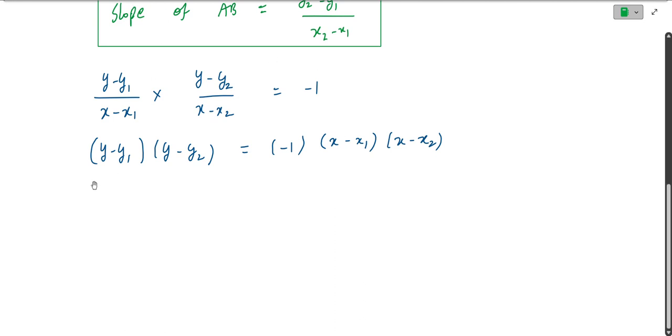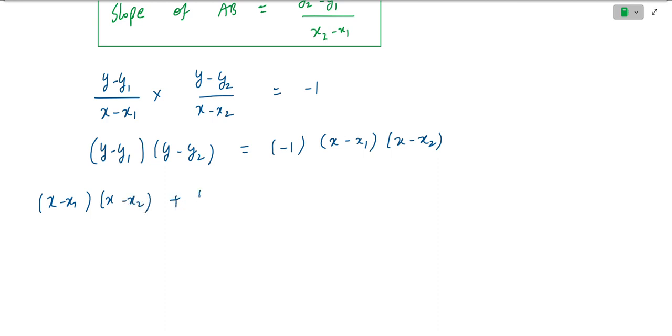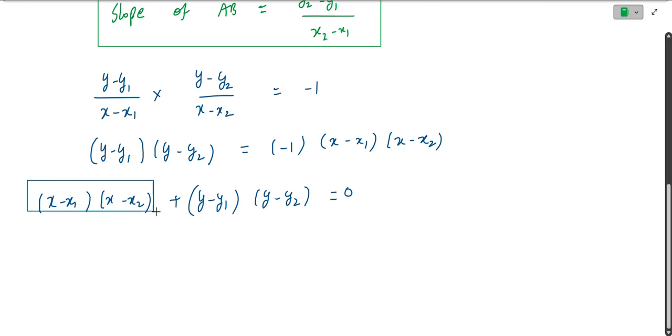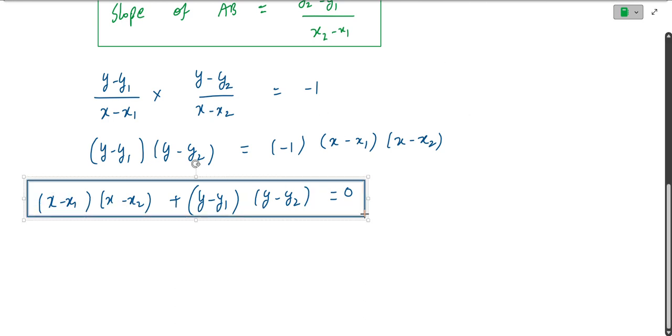So now x minus x1 times x minus x2 plus y minus y1 times y minus y2 is equal to 0. So this is the equation of the circle whenever the endpoints of a diameter are given. This is worth watching, and this is worth remembering.